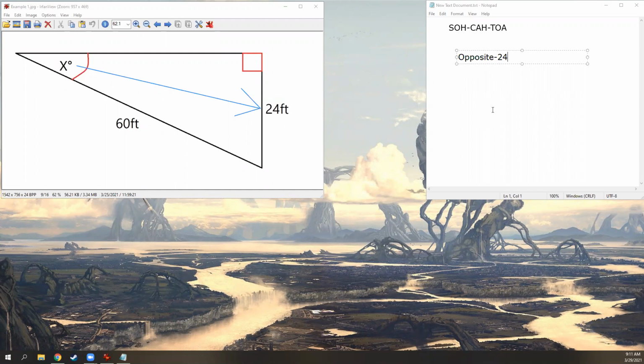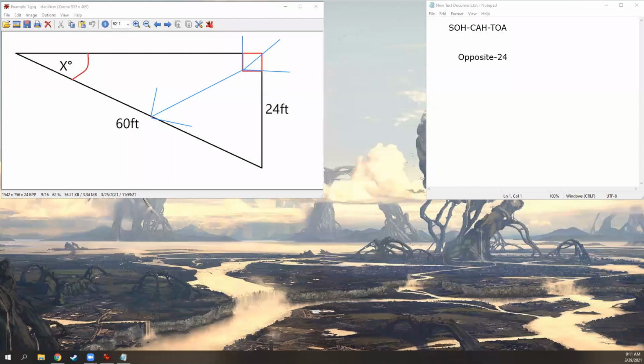Cool. And now let's figure out what this other side is. I would always go for the opposite side first, and then I go to the right angle. It's an arrow that points to the hypotenuse. And would you look at that, there's a number there.